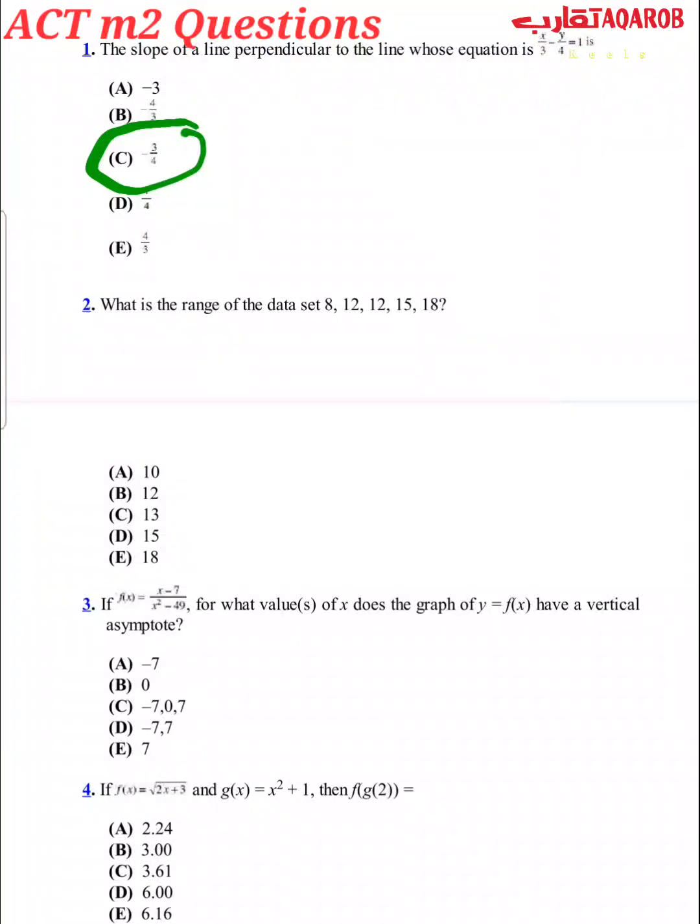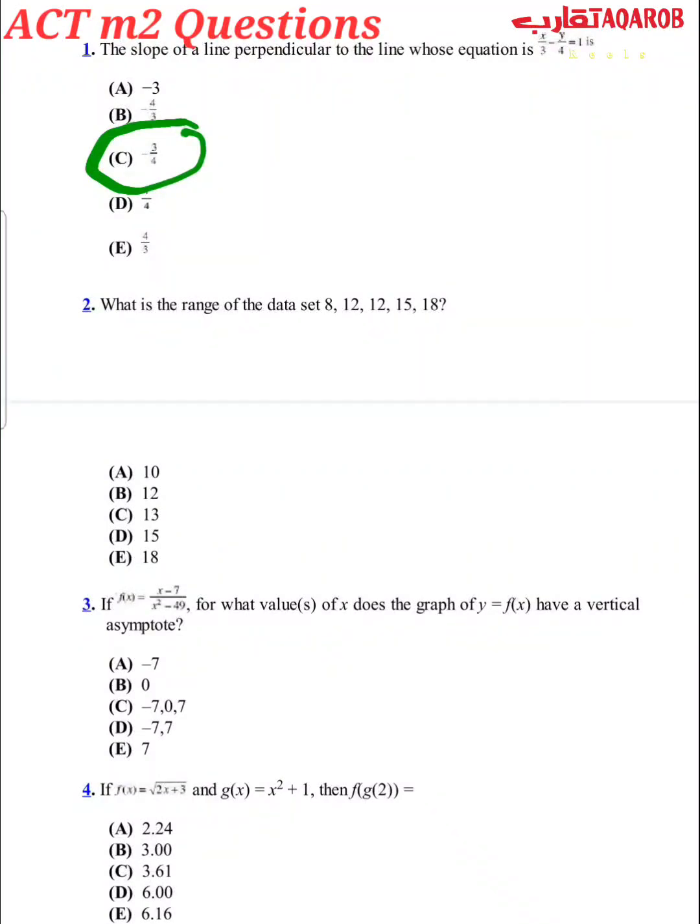Solve question 4. If f of x equals square root of 2x plus 3 and g of x equals x squared plus 1, then f of g of 2 equals, here we want to find f of g of 2. So the first step, find g of 2. Substitute 2 rather than x in g of x to get g of 2 equals 2 squared plus 1, which is equal to 5.